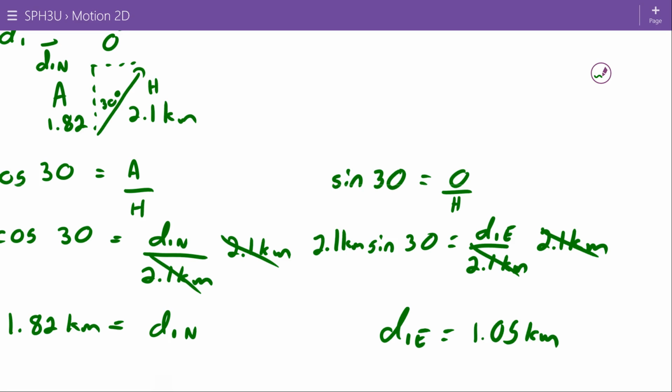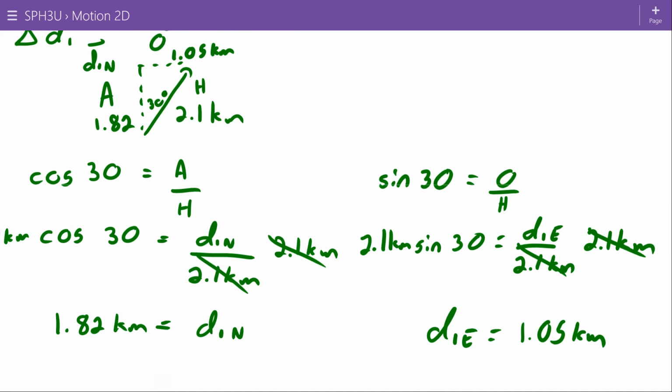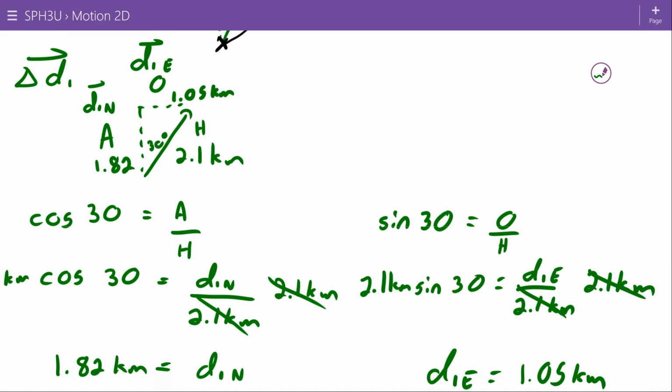Specifically, what I mean is if you put your values on your triangle, it gives you a secondary opportunity to see if your values make sense. This angle here is 30 degrees. That's an acute angle. That means that the opposite should be lower than the adjacent. If you switched your components, that'll be wrong.